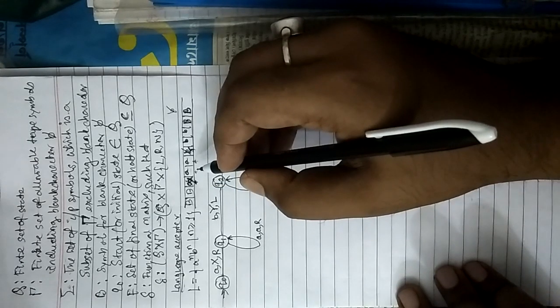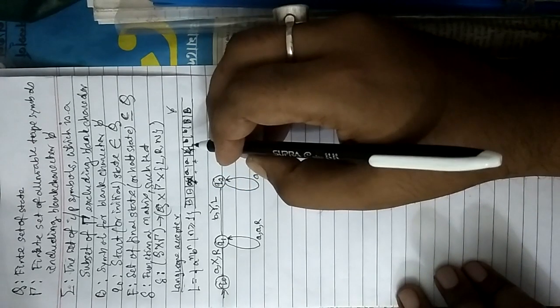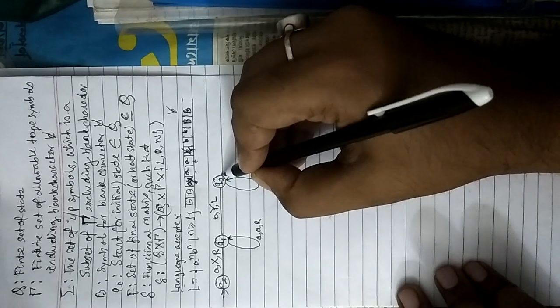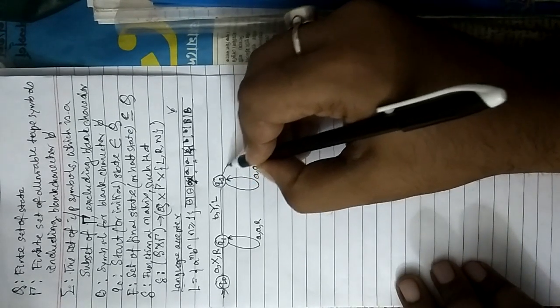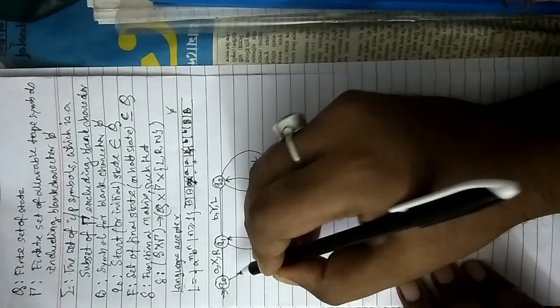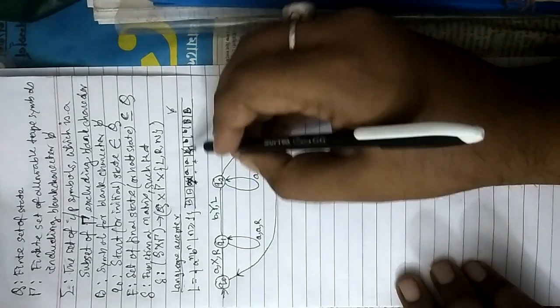So now I will just read X. From Q2, I will go again to Q0.